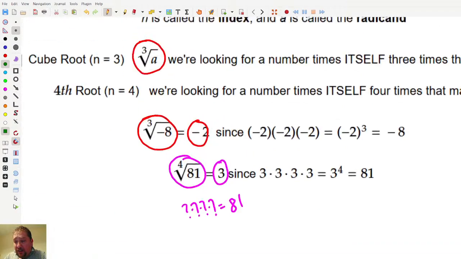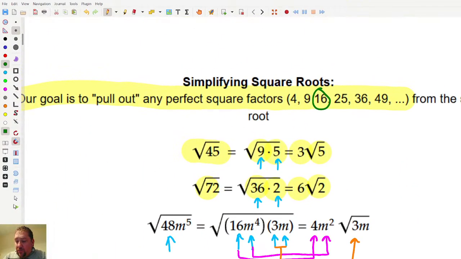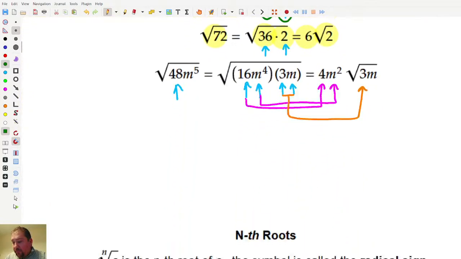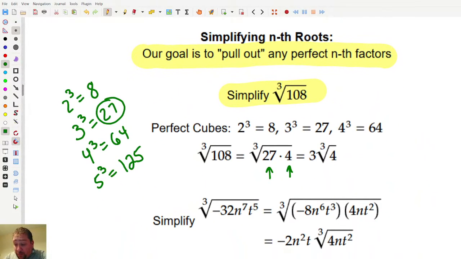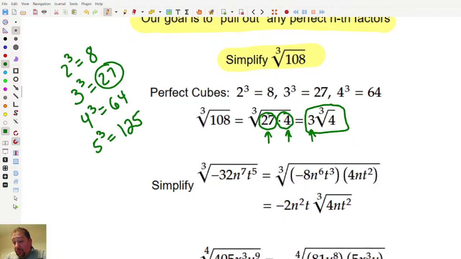So just to make a connection to what we did before, when we had a square root, we wrote the perfect square first and what was left over second, as I call it leftover. So now with a cube root, we're going to write the perfect cube and then what was left over. And then we simply just simplify. The cube root of 27 becomes 3, and the cube root of 4 stays the cube root of 4. This is your final answer. That's how the cube root of 108 would simplify.